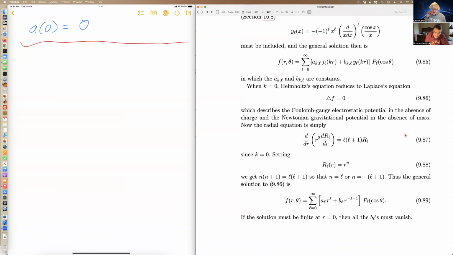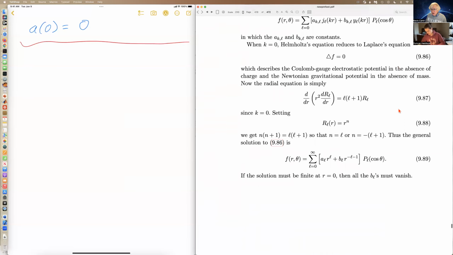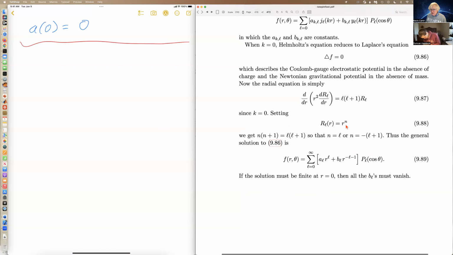If k is actually 0, then you get back to Laplace's equation, and then the radial equation is just very simple, and you can write r to the l as some power, r to the n.